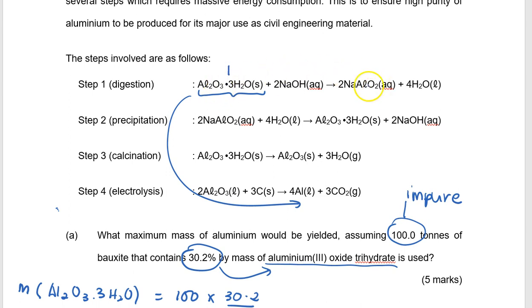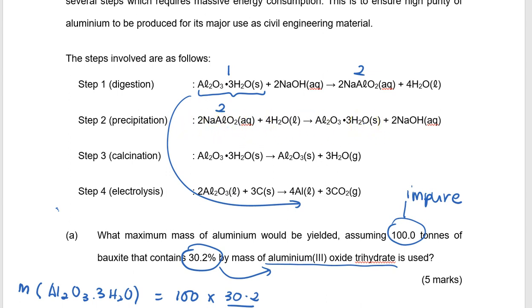According to this equation, 1 mole of aluminium oxide trihydrate produces 2 moles of sodium aluminium oxide. So I'm going to use 2 moles here, and since I got 2 moles, I'm going to bring this forward to my second step. So far it's easy because the number of moles I have and the number of moles in the stoichiometric ratio are the same.